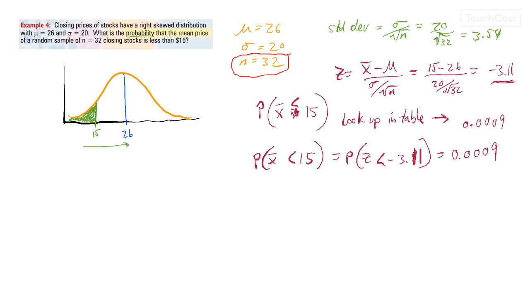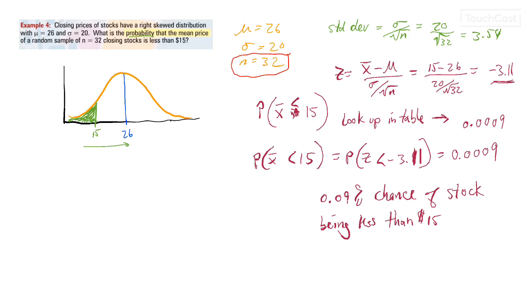So we just do the math: 0.09% chance of the stock being less than $15. Now I made a mistake here. The mistake I made was that I said the chance of the stock being less than $15.